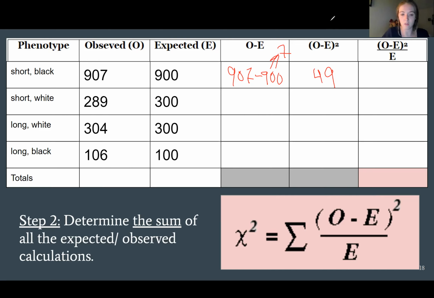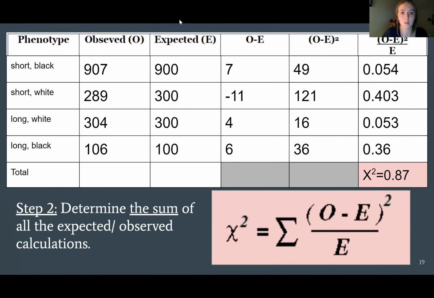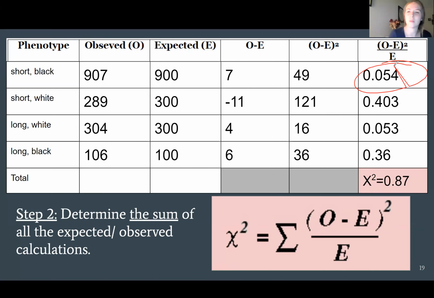So that's 49 divided by 907, which is going to be this value that you have here in the table. And you're going to do the same thing for all of the following observed and expected ratios. When you add all of this column together, you're going to get your chi-squared value.